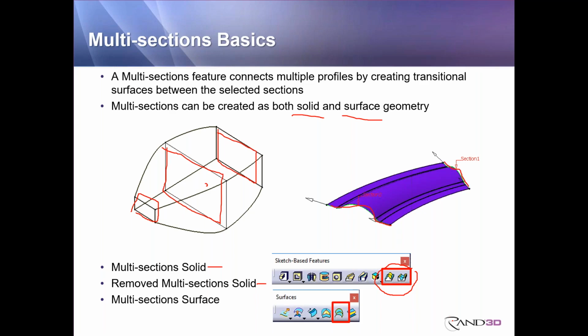Now, if you wanted to create it as a surface, you would need to go into your generative shape design workbench or app, and then you would find the multi-section surface option that you could use. But the choices are pretty much the same. There's only really one difference between the two, and we'll discuss that as we go along.